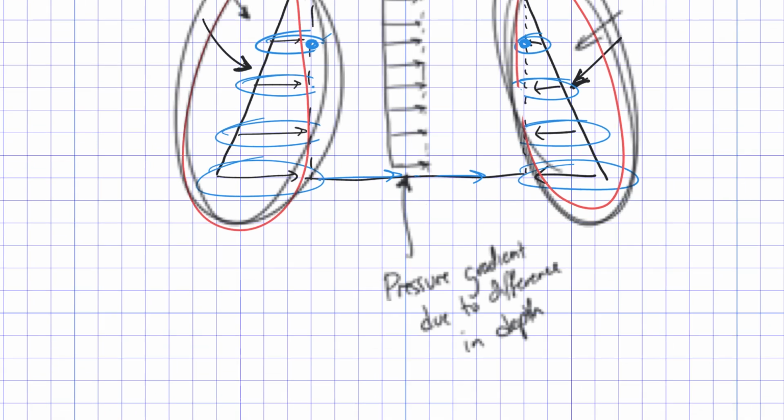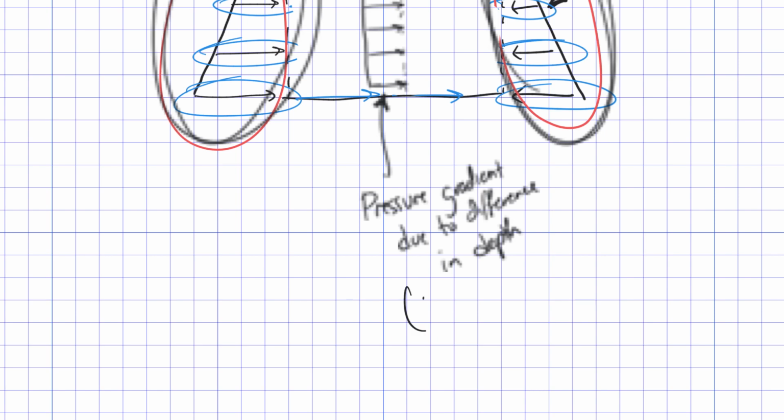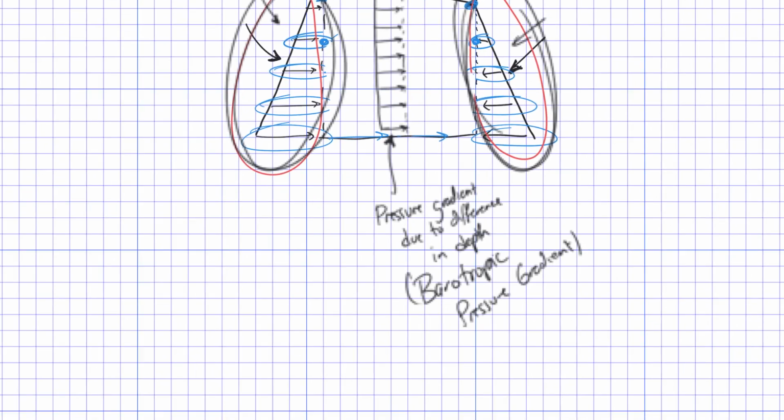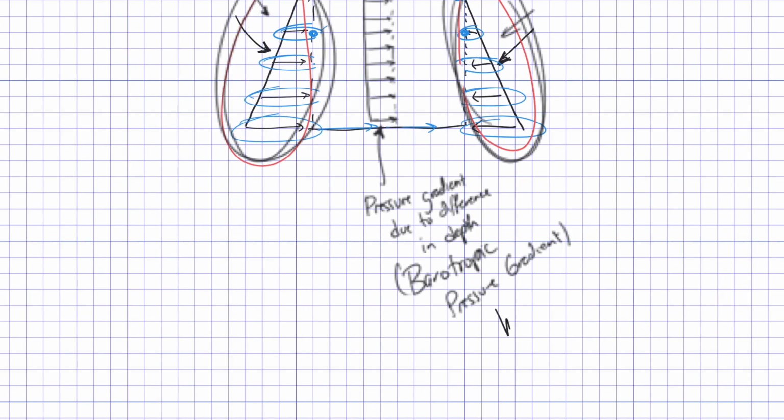Okay, and so this has a special name. This is called the barotropic pressure gradient. And where I'm breaking a rule of mine, capitalizing random words. Okay, anyway, so that's the barotropic pressure gradient. So that is due to the fact that H changes, the depth changes in the flow direction.